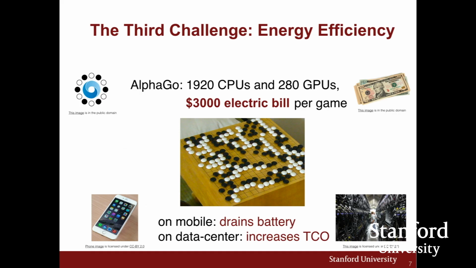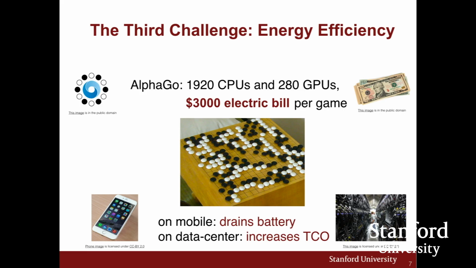And the third challenge for those bulky models is energy efficiency. For example, AlphaGo beating Lee Sedol last year took 2,000 CPUs and 300 GPUs, which costs $3,000 just to pay for the electric bill, which is insane.